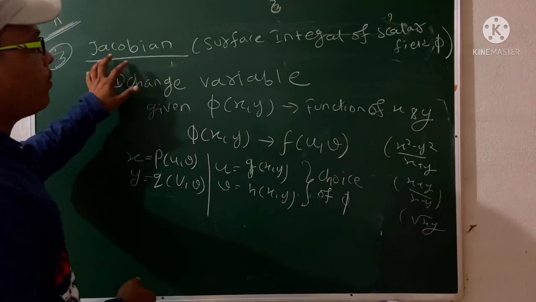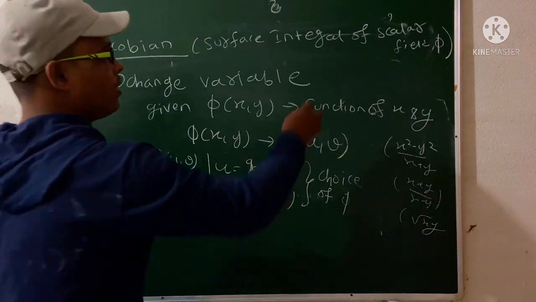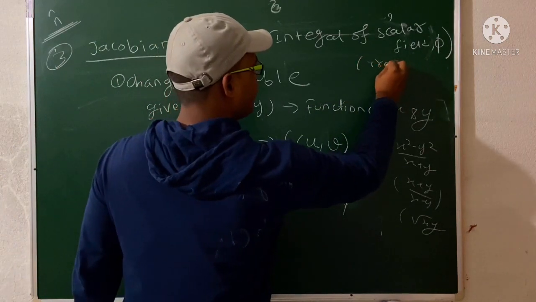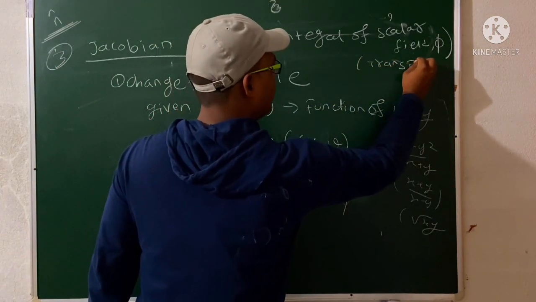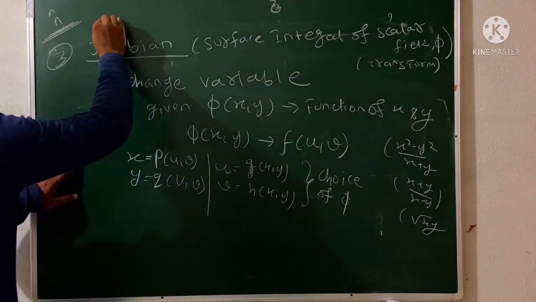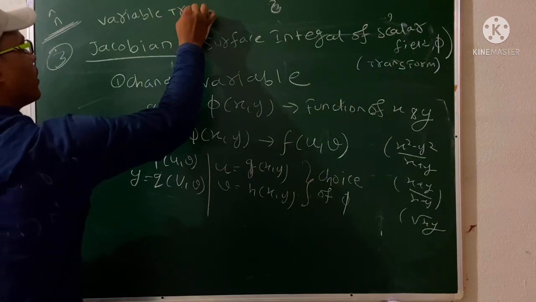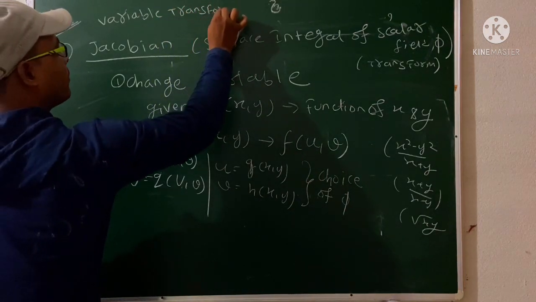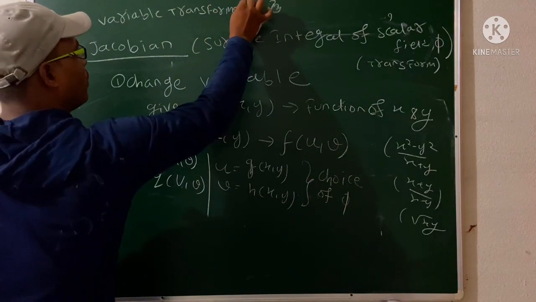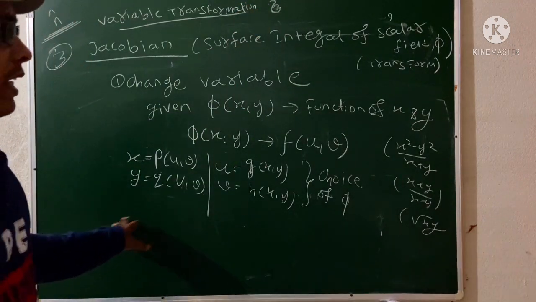This is the Jacobian used for the surface integral over a scalar field using the transformation. Sometimes the Jacobian is called the variable transformation technique, used to find the 2D integration.